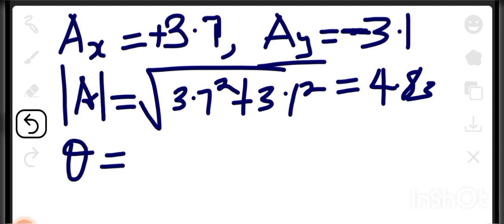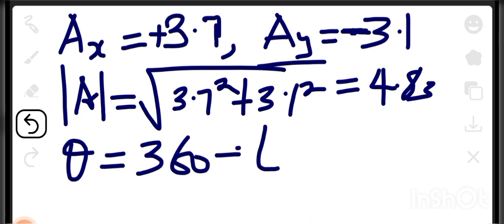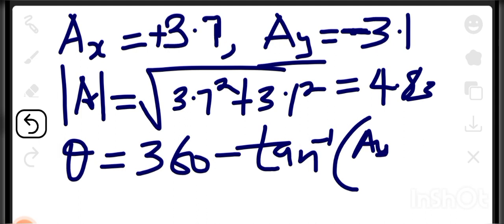Theta will be equal to 360 minus the tan inverse of AY over AX. This is how it is done.